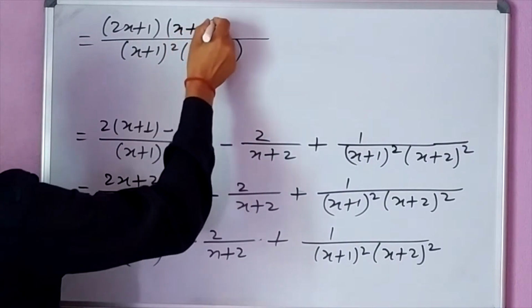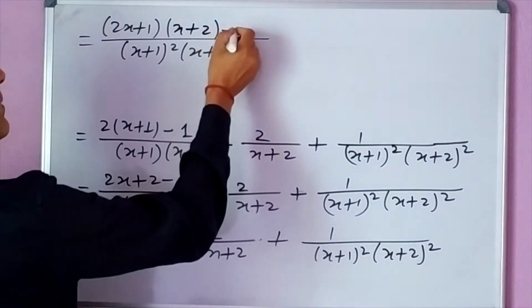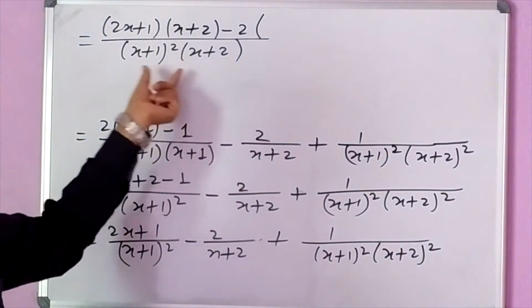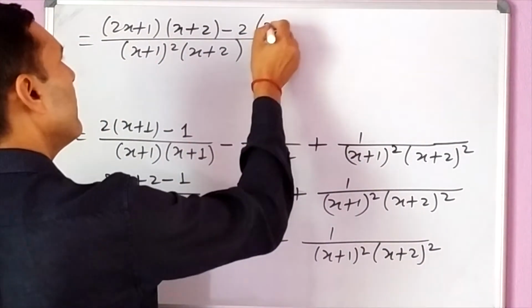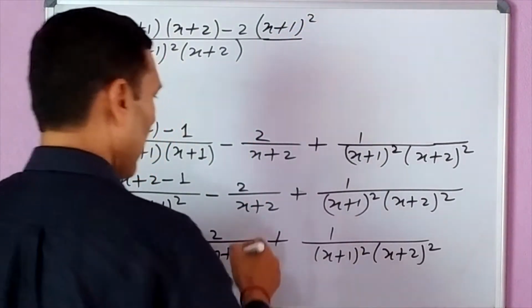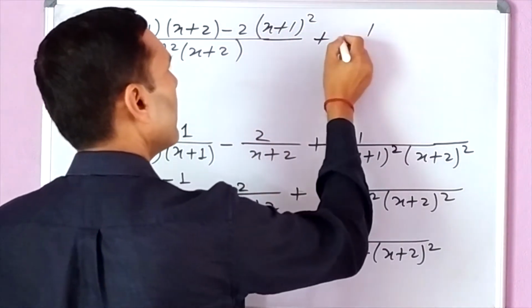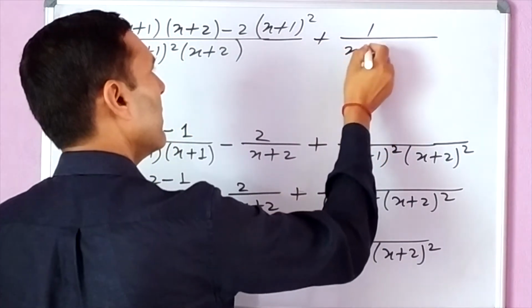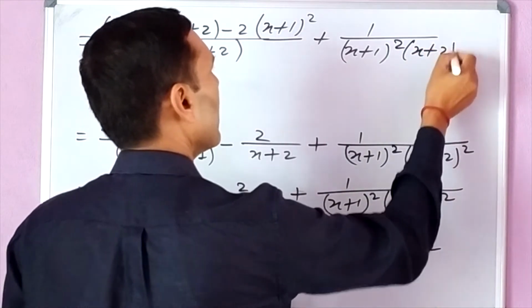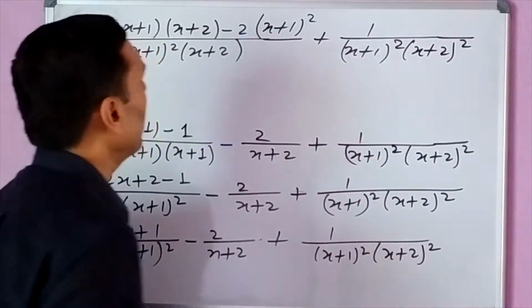And this minus 2 is multiplied with x plus 1 whole square, as x plus 2 cancels. And our last term as it is, 1 upon x plus 1 whole square, x plus 2 whole square.